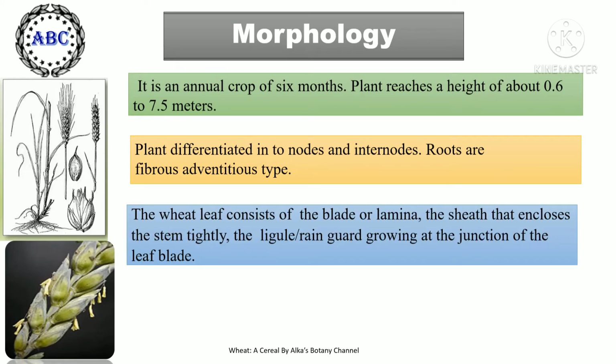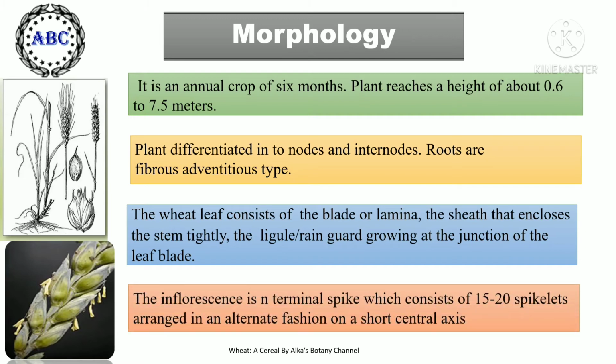The wheat leaf consists of a blade or lamina, the sheath that encloses the stem tightly, and the ligule or rain guard growing at the junction of the leaf blade. The inflorescence is a terminal spike which consists of 15 to 20 spikelets arranged alternately on a short central axis.